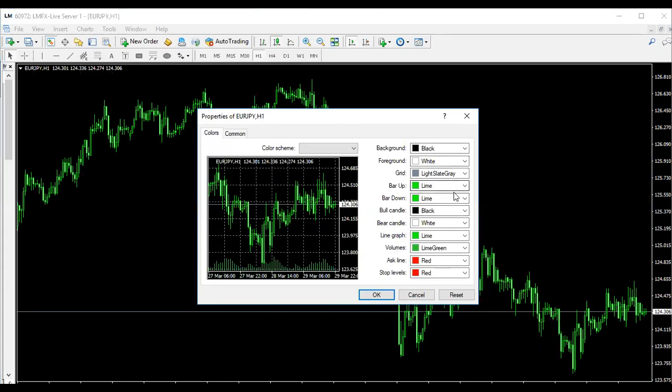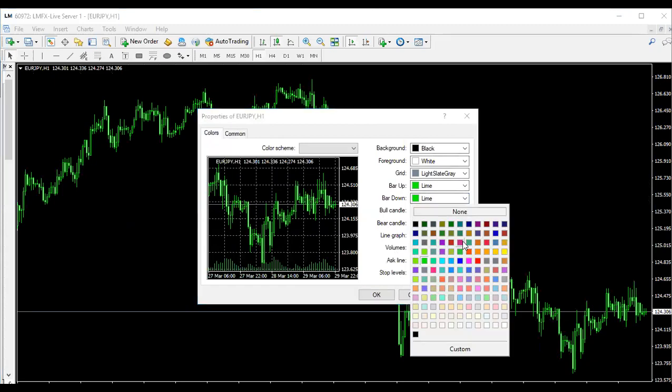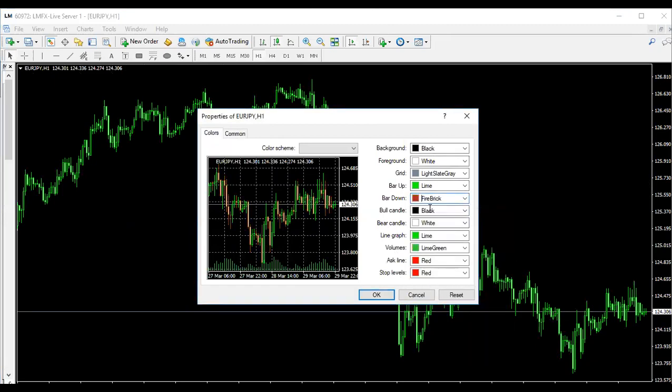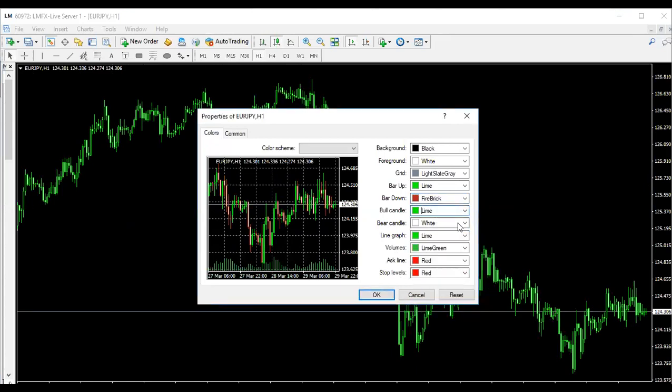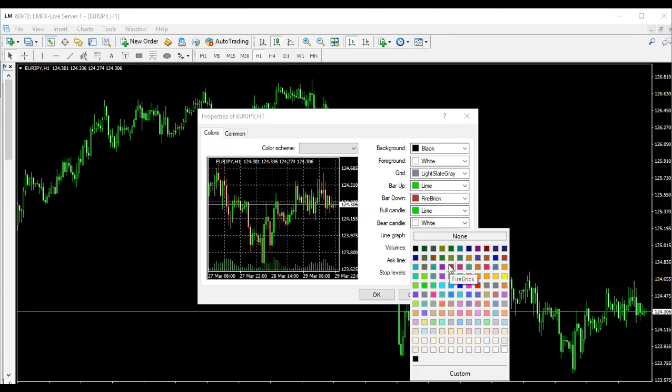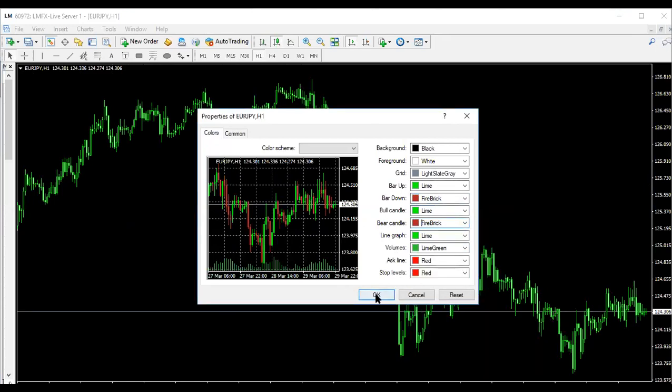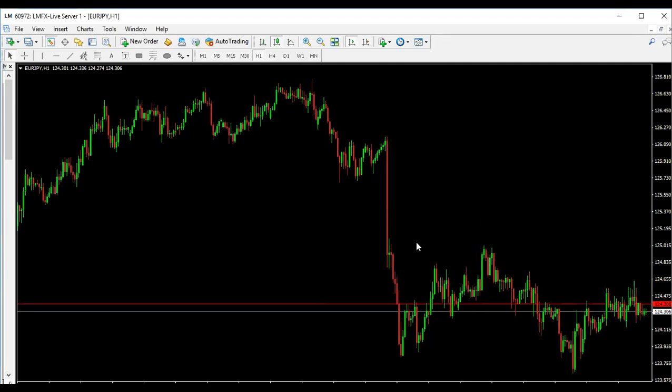So the bar up is lime, the bar down is fire brick. The bull candle is lime, the bear candle is fire brick. Now when you click OK, after you've hit the show ask line and changed these graphics, you should have on your screen what I have on mine.